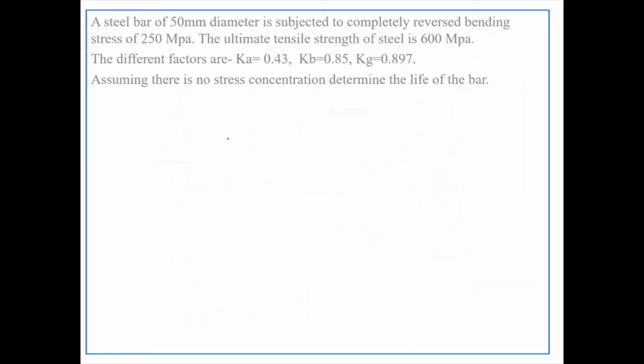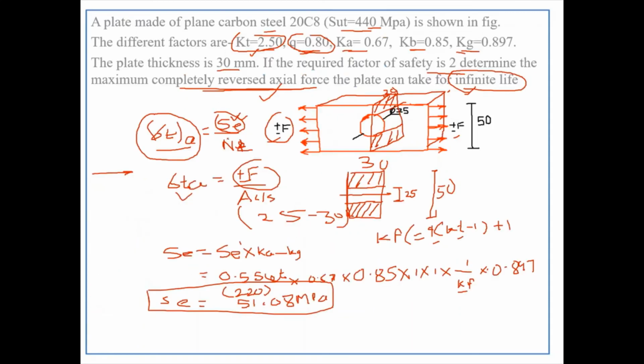So the tensile stress amplitude will be 51.08 upon Nf, where Nf is equal to 2. Hence, the tensile stress amplitude comes as 25.54 megapascal, right? This is the tensile stress amplitude.